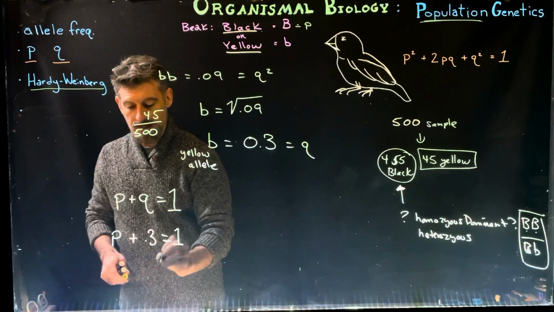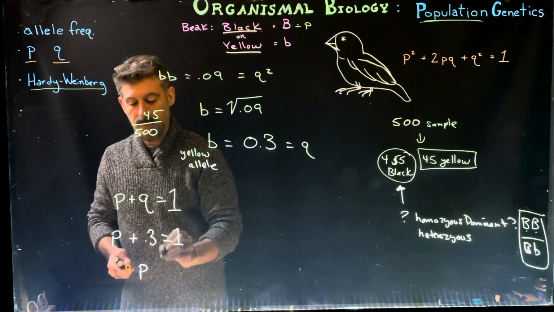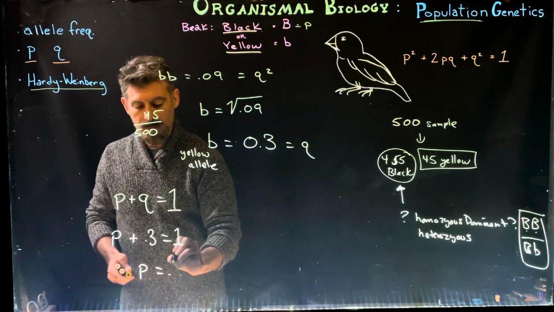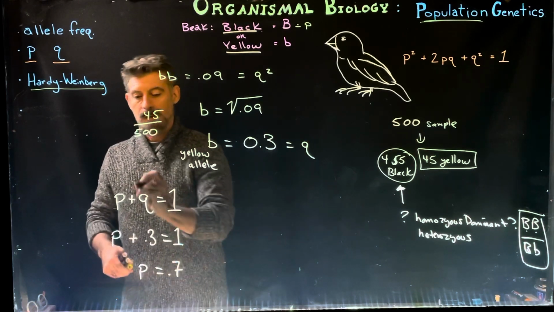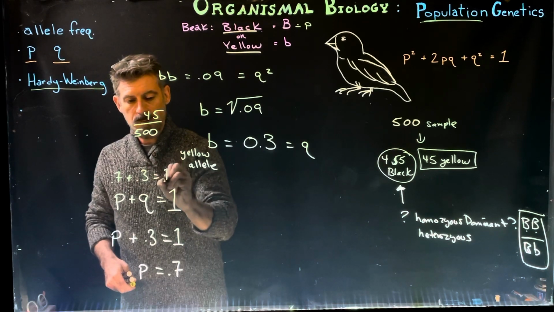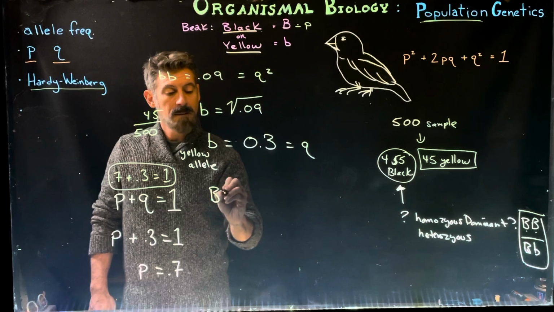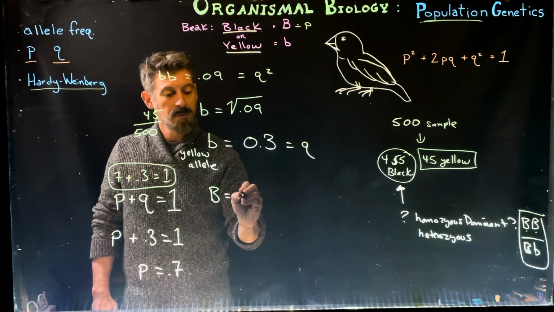So p equals 1 minus 0.3, so p is going to be 0.7. So 0.7 plus 0.3 equals 1. So now we have the frequency of the black allele. It's 0.7.